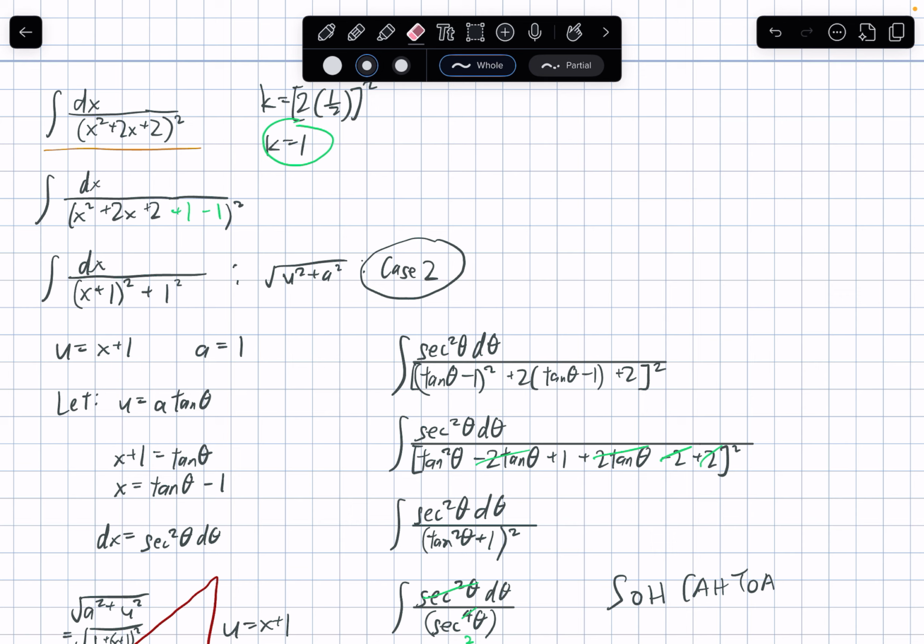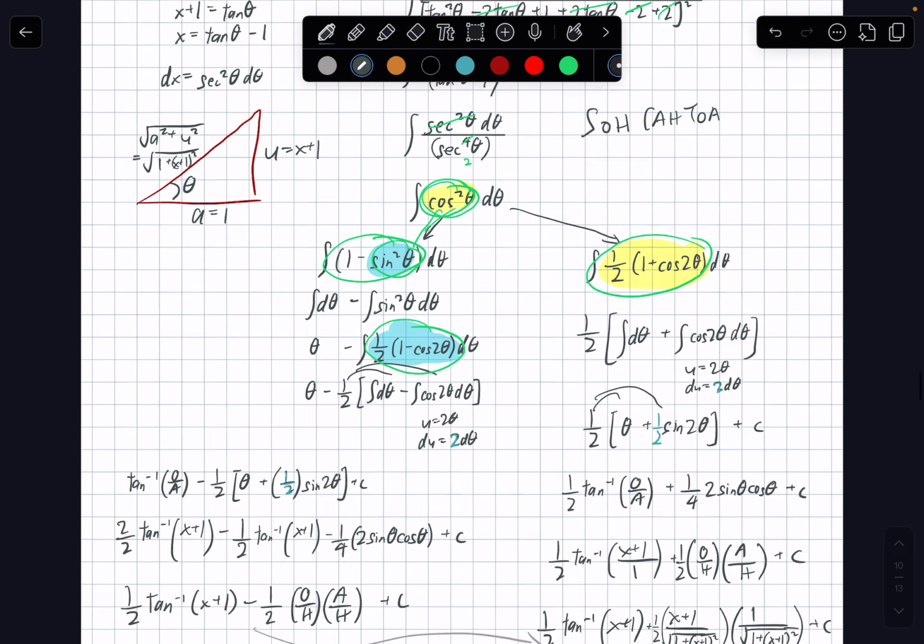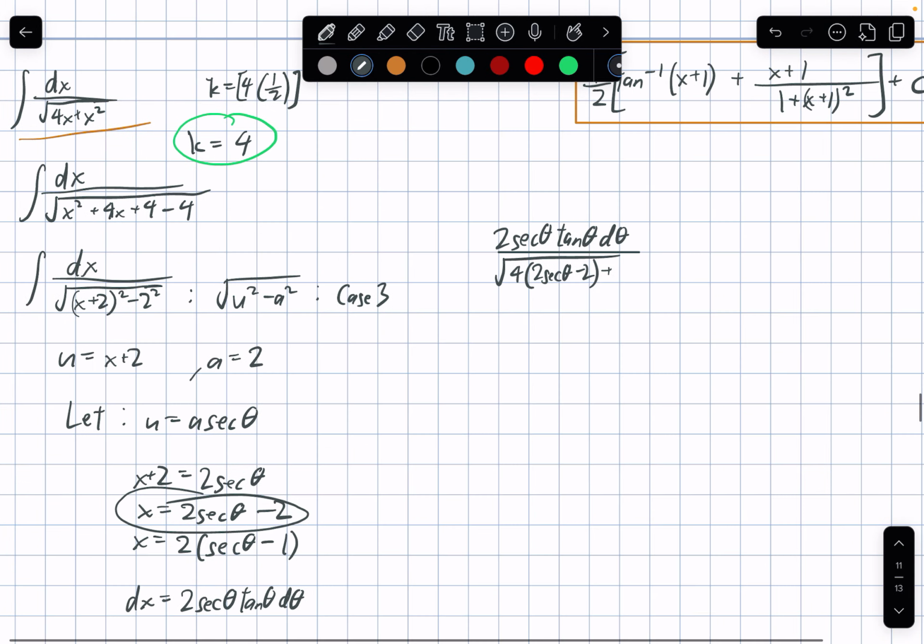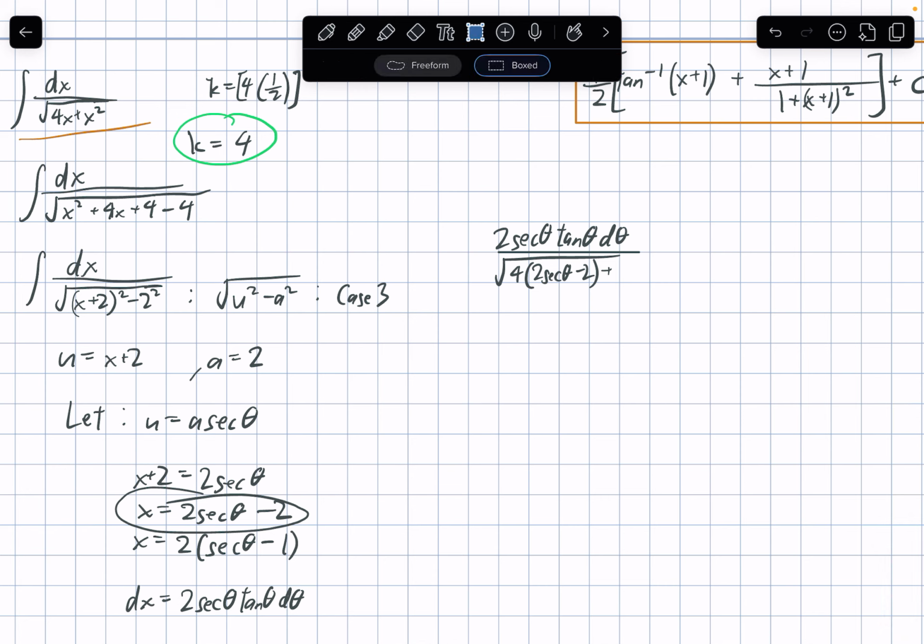Either way works. What I did in the previous problem was substitute based on this. But since we did completing the square, we could have used this so that the solution would be shorter, ideally. Let's do that here. So instead of using this as our basis, we use this.